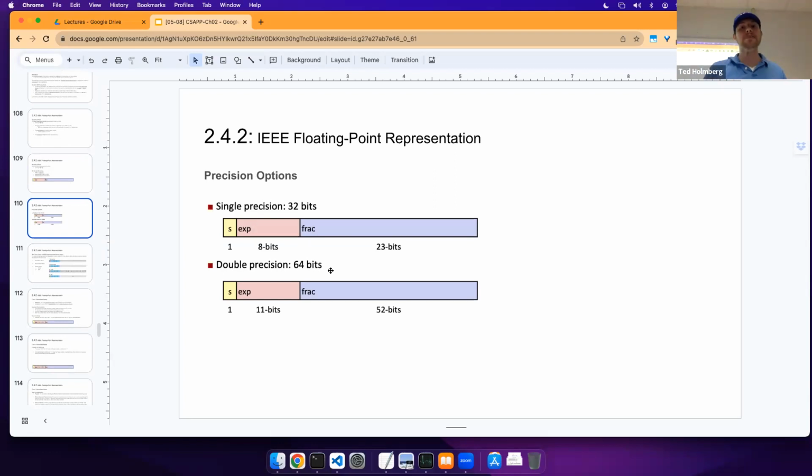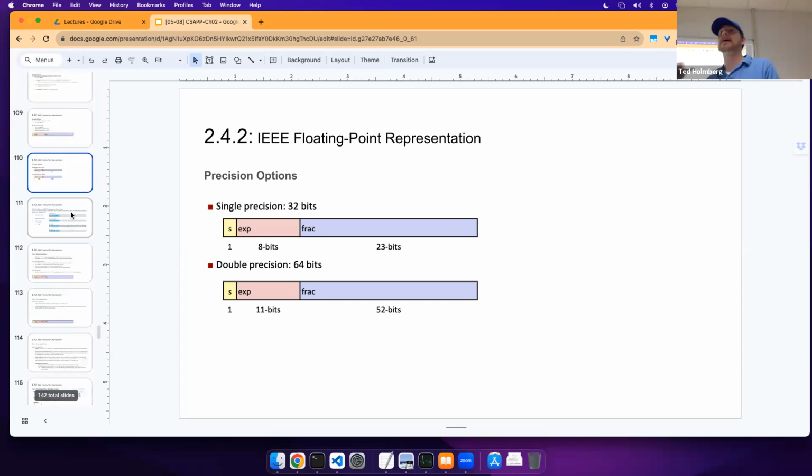And if it's 64 bits, I get 52 bits for my fractional field, 11 bits for my exponent field, and the 1 sign bit. This should indicate how much more precision we get with doubles versus single precision. At the tail end of this, in the appendix section, we have the highest and lowest values and whatnot.